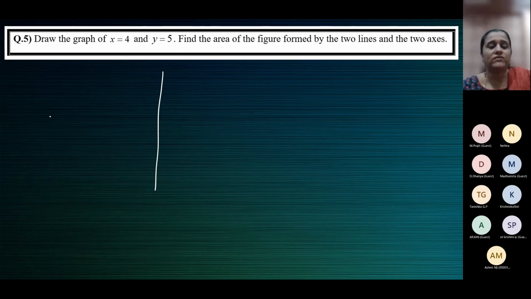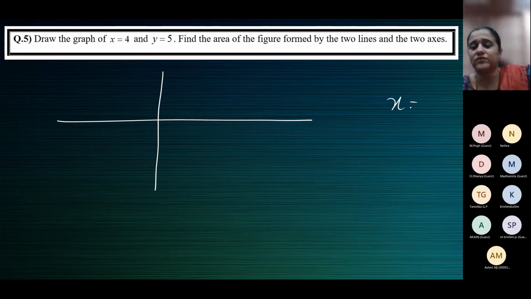So now tell me, where will you find the line x is equal to 4? X is equal to 4 means it will be parallel to the Y-axis. Left side or right side?